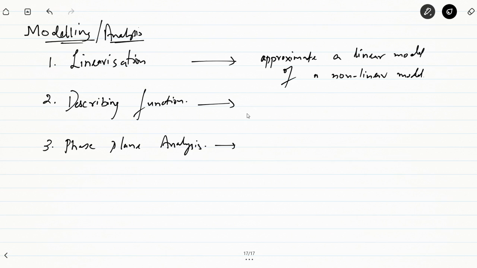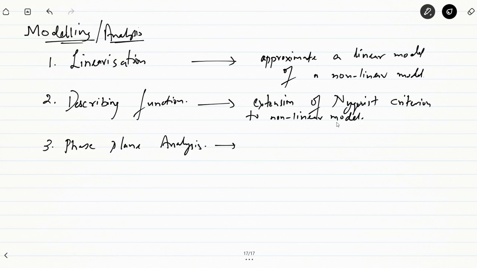And we have the describing function approach. The describing function approach is an extension of the Nyquist criterion to the non-linear model. We have seen Nyquist plots and the Nyquist criterion for a linear system. We can extend that to the non-linear model as well, and the describing function approach can be obtained.